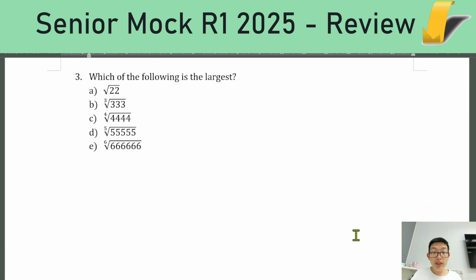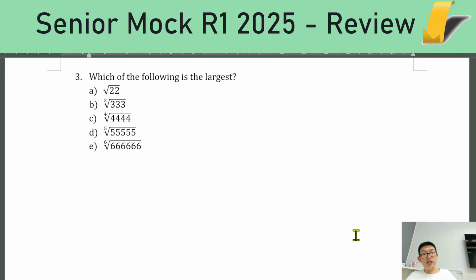For question 3, now this is relying on our understanding of surd/indices expressions. There are certainly ways that you can compare these 2 by 2. There are also certainly ways in which you could kind of intuitively guess the answer.